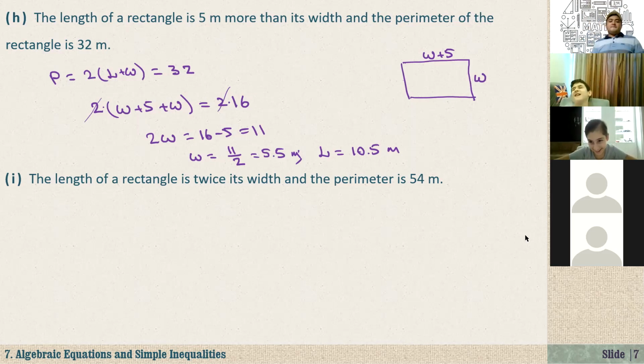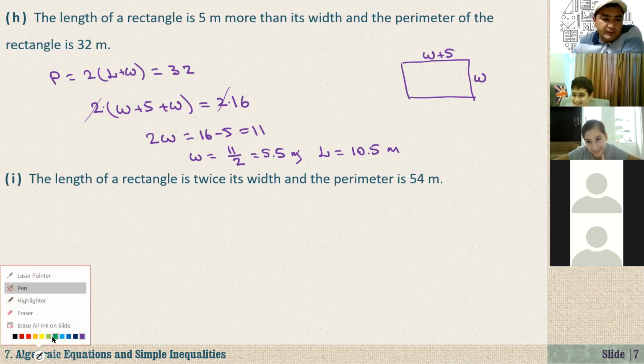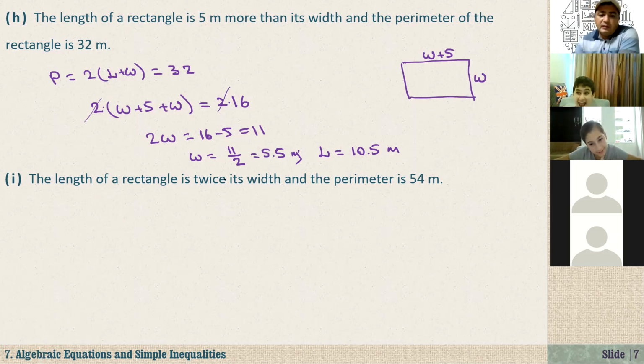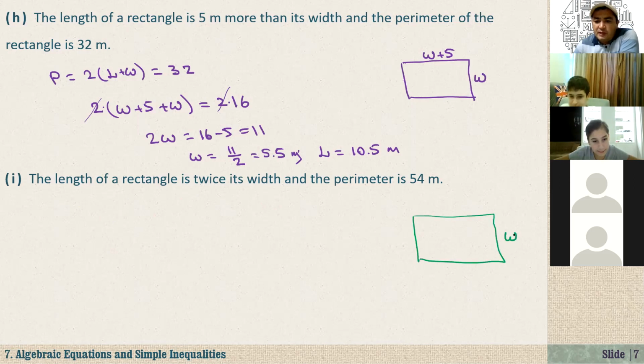Wagif, did you read it? I will read it. Okay. Good. The length of a rectangle is twice its width, and the perimeter is 54. It's also a similar question. Let's draw a rectangle. The width is W, and the length is twice its width, so the length should be 2 times W. And how about the perimeter?